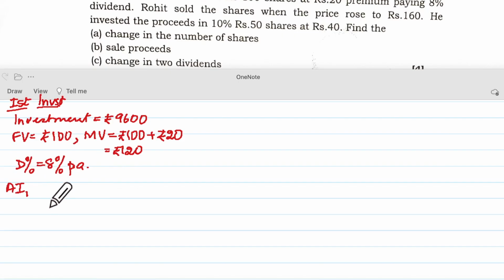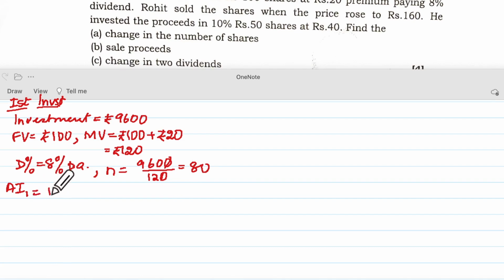Then he is selling them, but before that he is getting his income, no? So AI1, you'll have to find AI1, correct or no? Before that you will have to find the number of shares. So number of shares N will be equal to 9600 upon MV, which is 120. So how much is that? 80.